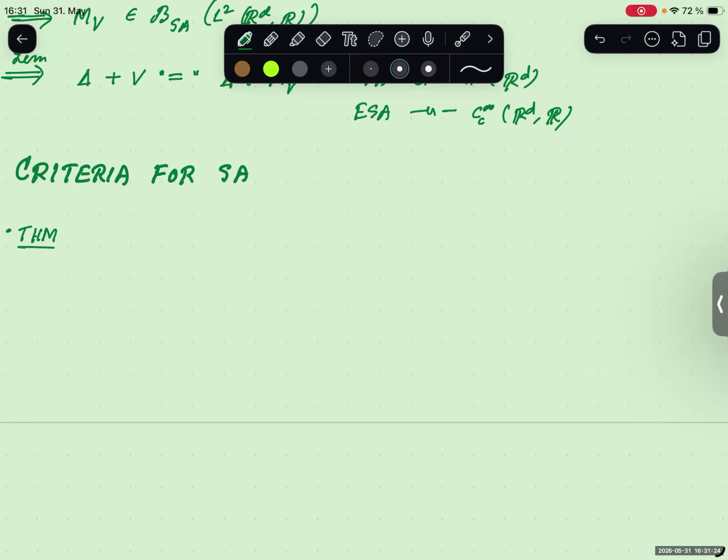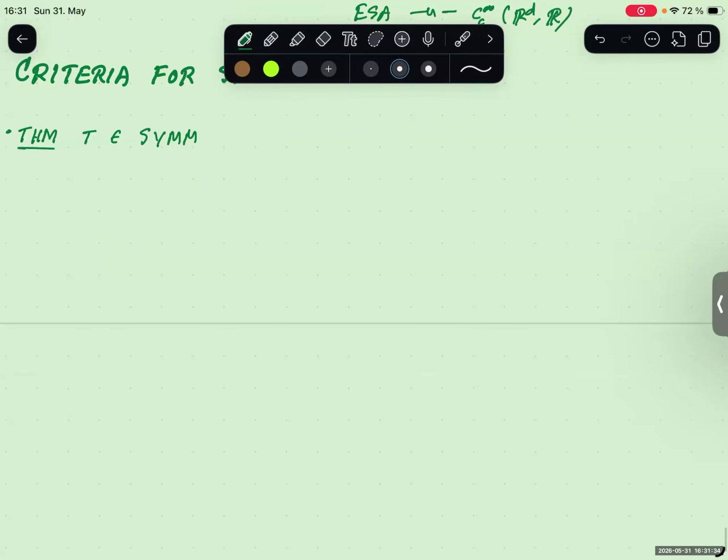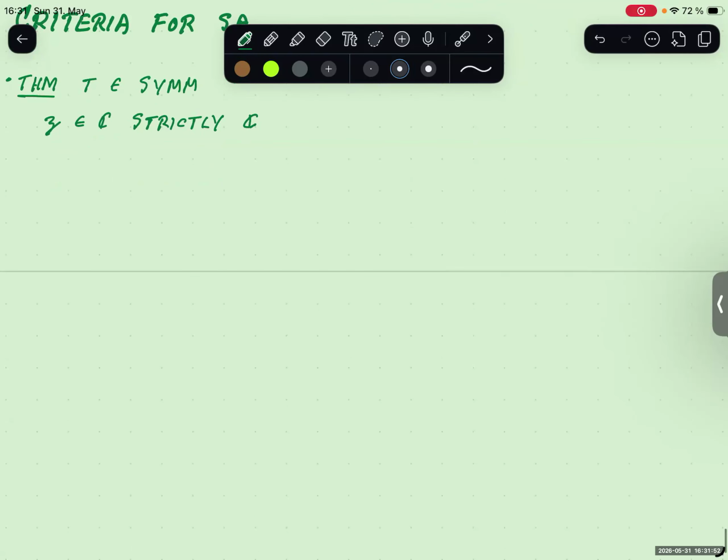Suppose that T is a symmetric operator. Okay. And let Z be a strictly complex number. Then the following are equivalent.